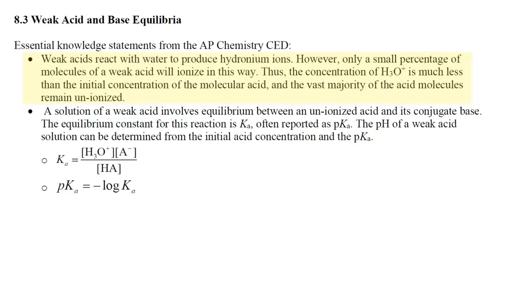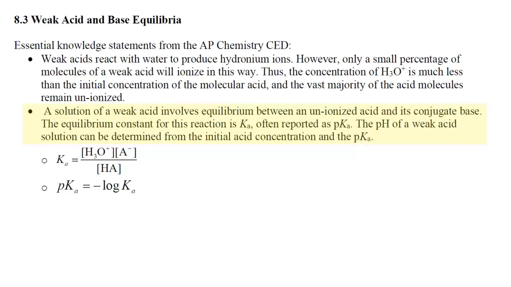Thus, the concentration of the hydronium ion is much less than the initial concentration of the molecular acid, and the vast majority of the acid molecules remain unionized. A solution of a weak acid involves equilibrium between an unionized acid and its conjugate base.